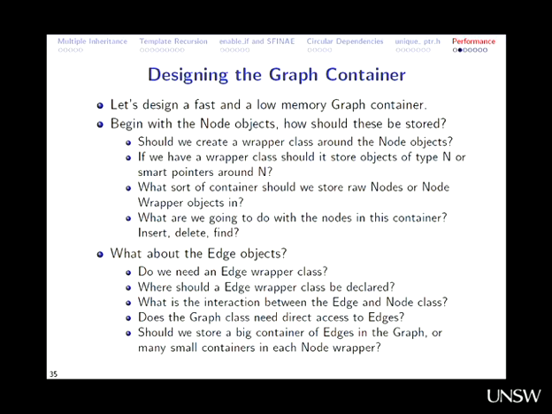So if I've got one big container across the entire graph of all edges, that's going to be much bigger than just finding a singular node, and then finding a sub-container of edges there. Okay? So performance-wise, that second option is a much better design. And also it's a better overall object-oriented design as well, because it encapsulates the stuff better.